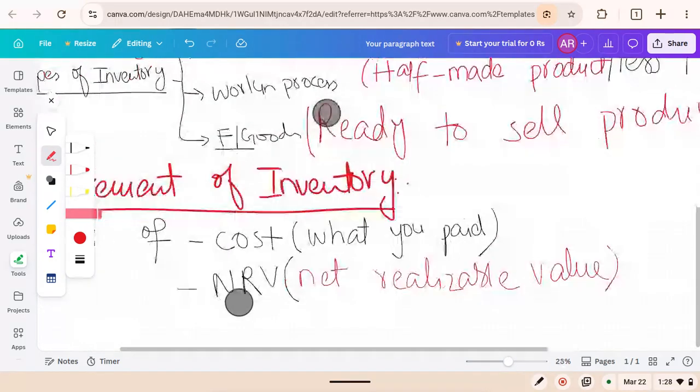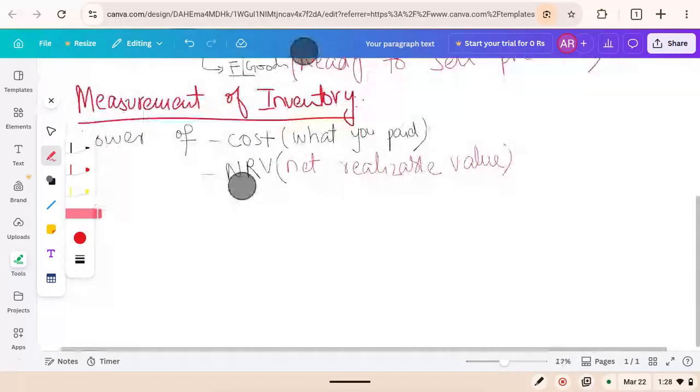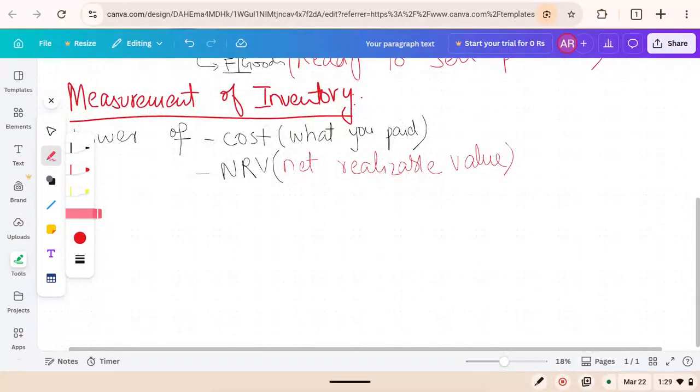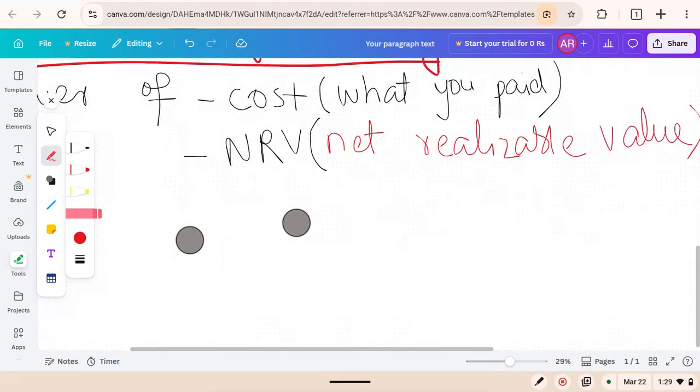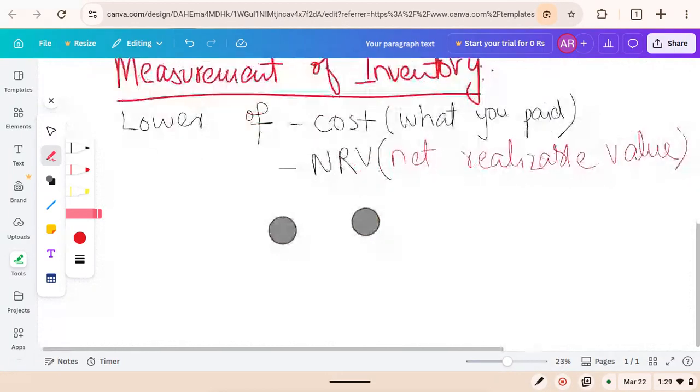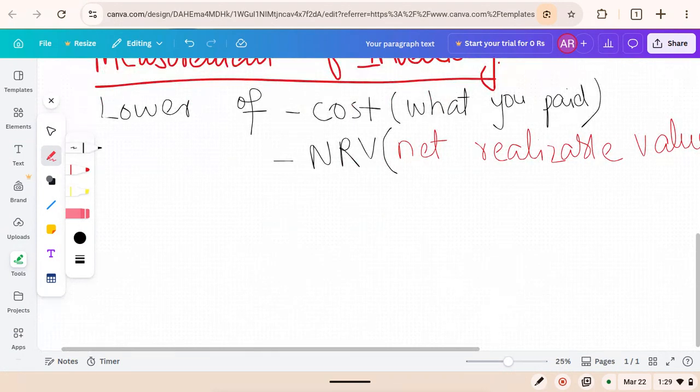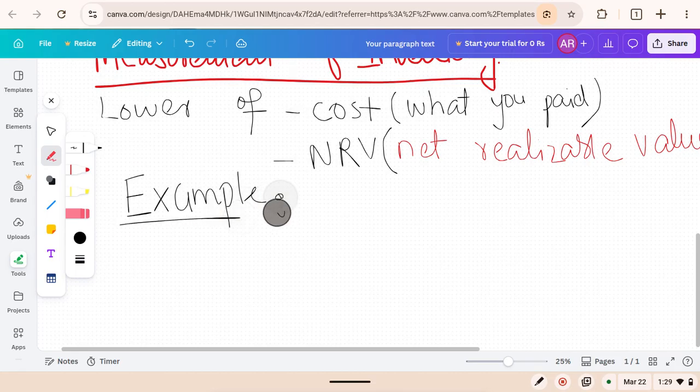Now just remember what is cost and what is NRV. For example, you bought a shirt for 100.